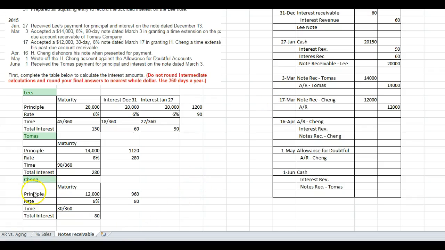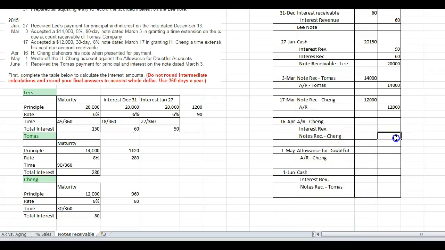So that's what this calculation is for. He owes at this time $80 in revenue. We've got a note here we've got to remove. We've got a revenue we have to recognize. And what we're going to do is put this back into accounts receivable so that we can write it off in allowance for doubtful debts.